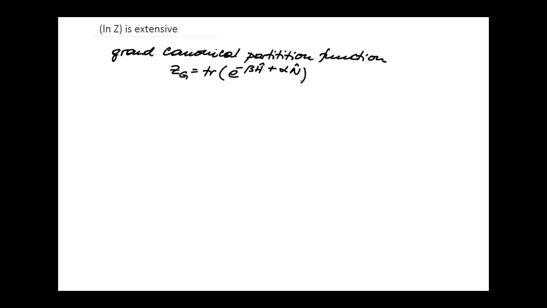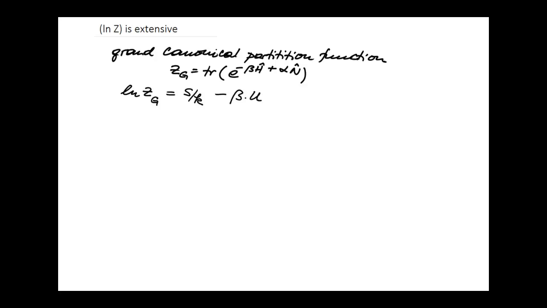Now, in the grand canonical case too, we can use the relationships that we can infer from the Guggenheim square. In this grand canonical case, this implies that the log of the grand canonical partition function is related to the entropy by, first of all, subtracting beta times U, as in the canonical case.